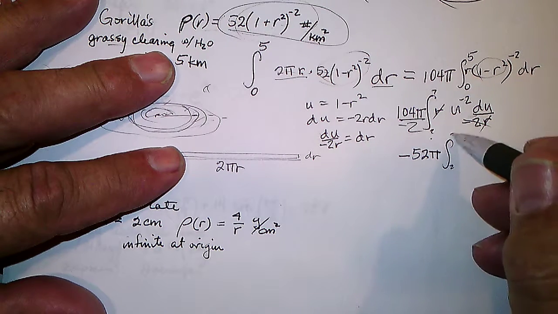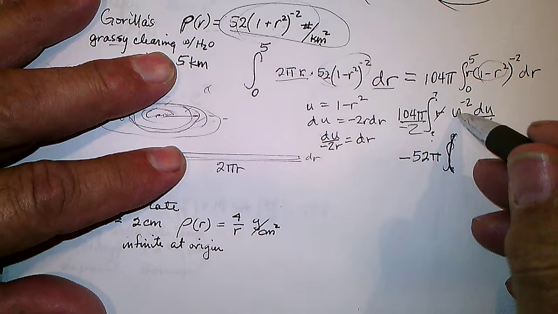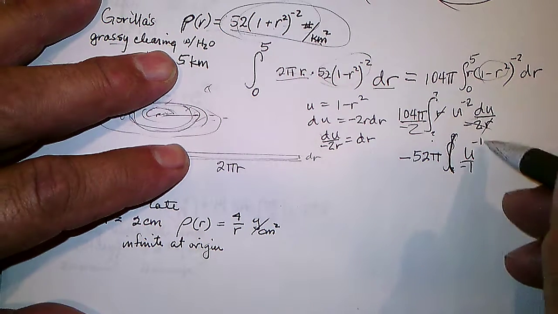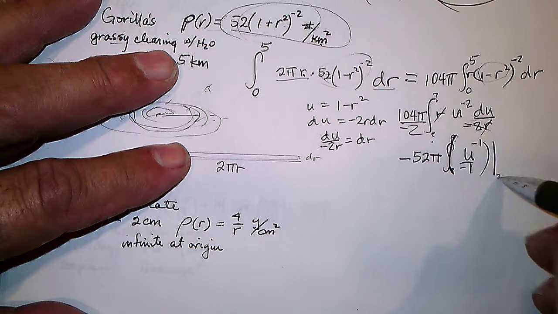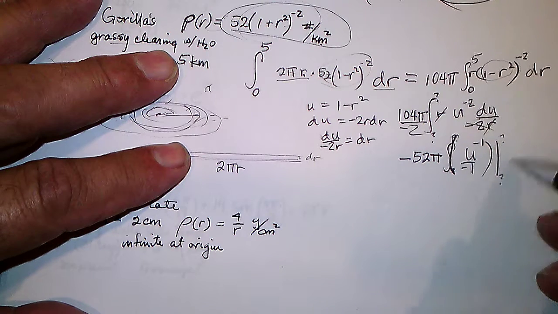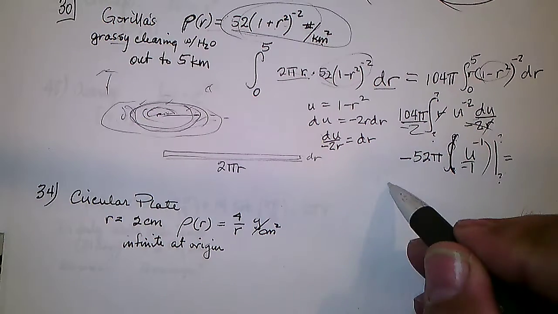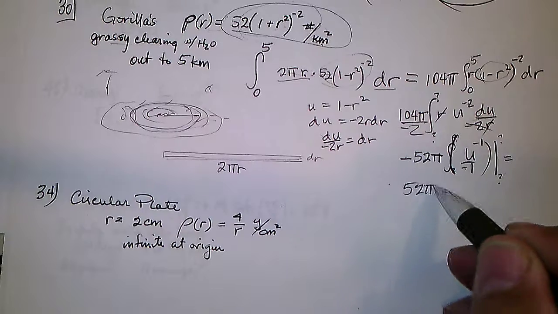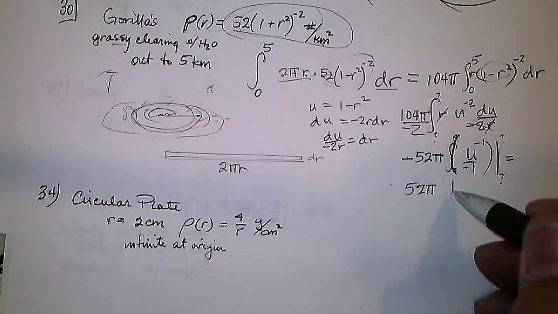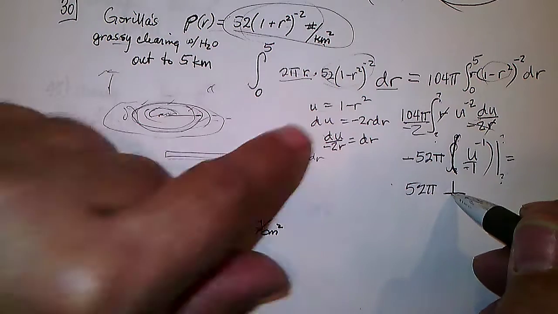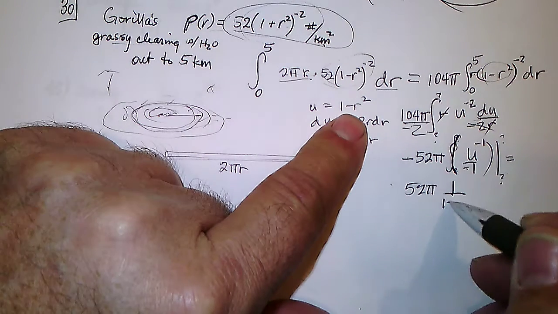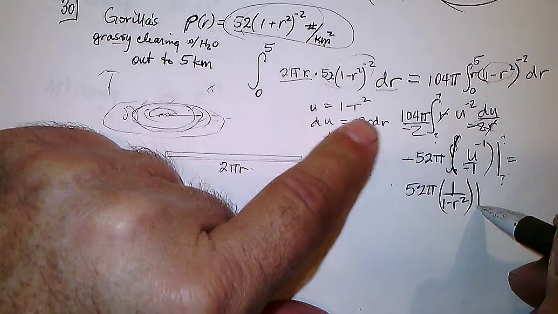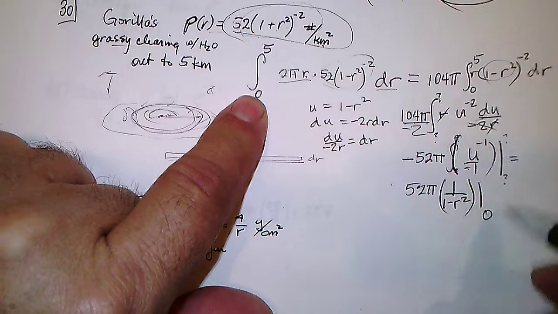Integral, we're integrating. So that'd be u to the minus 1 over minus 1, evaluated from the limits, which becomes the negative 1 and the negative there become 52 pi of u to the minus 1, which is 1 over u, and u was 1 minus r squared, evaluated from, now I'm back into r, so it's 0 to 5.